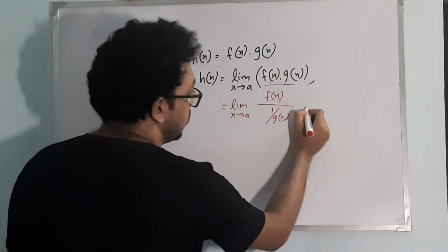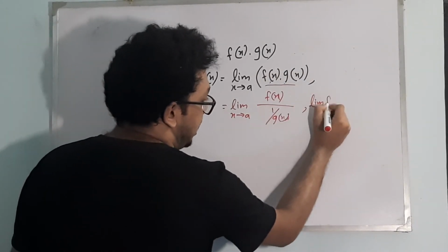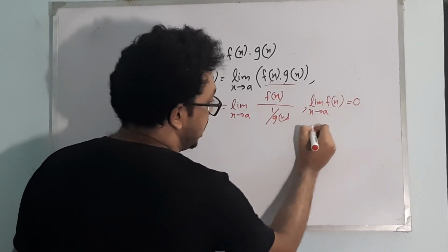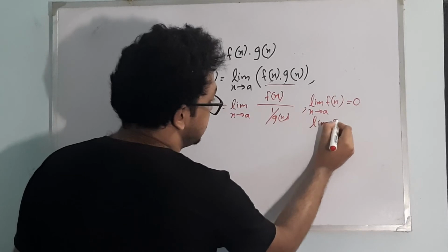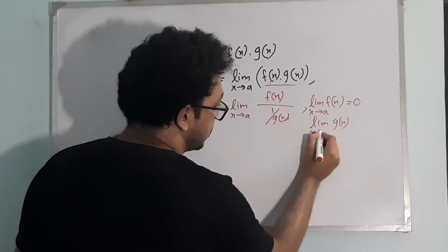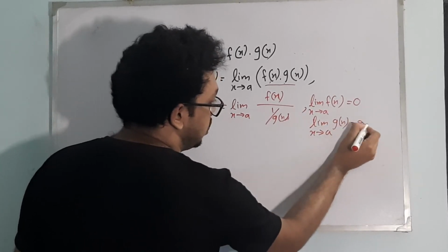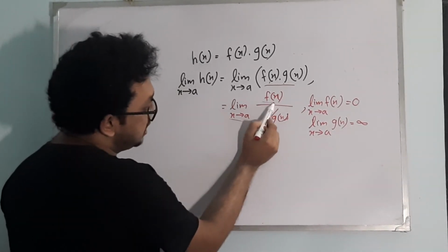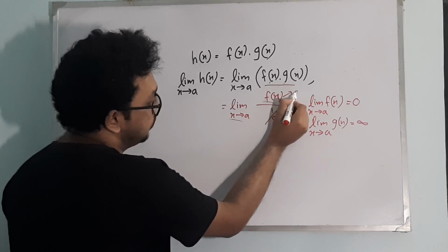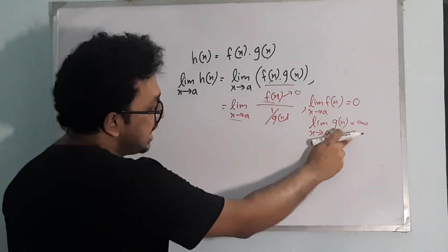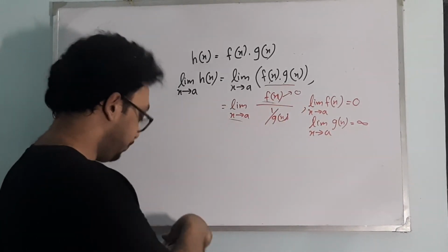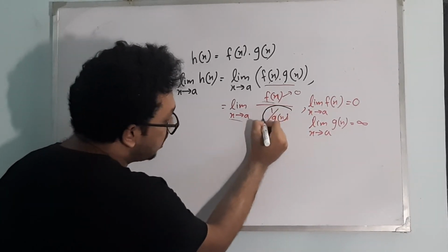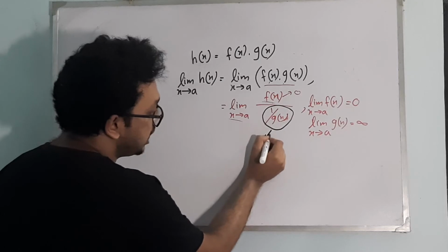And what we said, we had the condition that f(x) is tending towards 0 when x is tending to a, and g(x) is tending towards infinite when x is tending to a. Now if this g(x) tends to infinite, then this 1 by g(x) will also tend to 0.